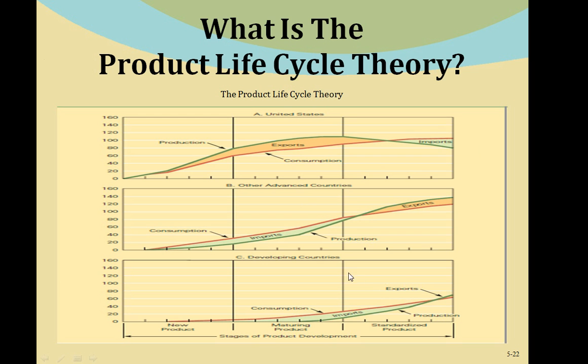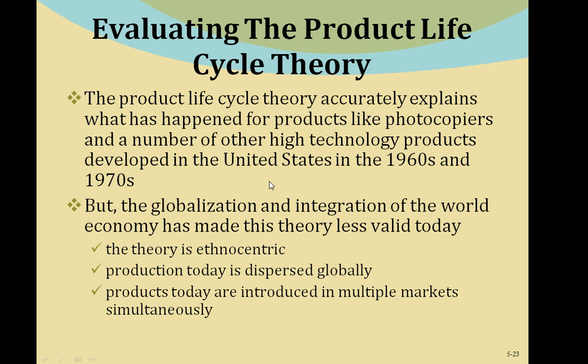See, this is the product life cycle. Okay, hopefully you're clear about this. I'm not going to study it longer. Let me proceed. Okay, evaluating the product life cycle theory, I think from the 1960s and 1970s it accurately explains what happened to products like photocopiers. I have mentioned that to you before.